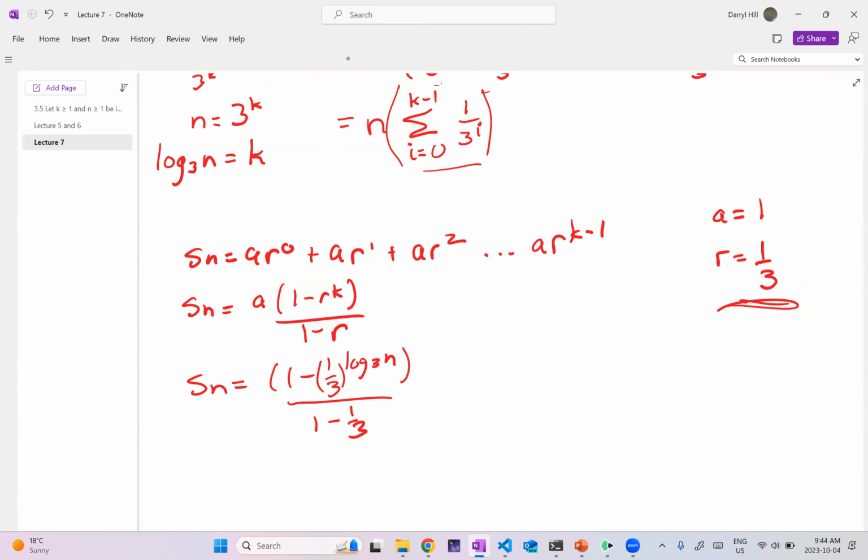It's a bit ugly, but if I plug 1/3 in for r, log base 3 of n in for k, and 1 in for a, I get this expression, which I can simplify: 1 minus 1 over 3 to the log base 3 of n. 1 raised to any power is simply 1, so I apply this exponent to the denominator. 1 minus 1/3 is 2/3. 3 to the log base 3 of n is n, over 2/3.